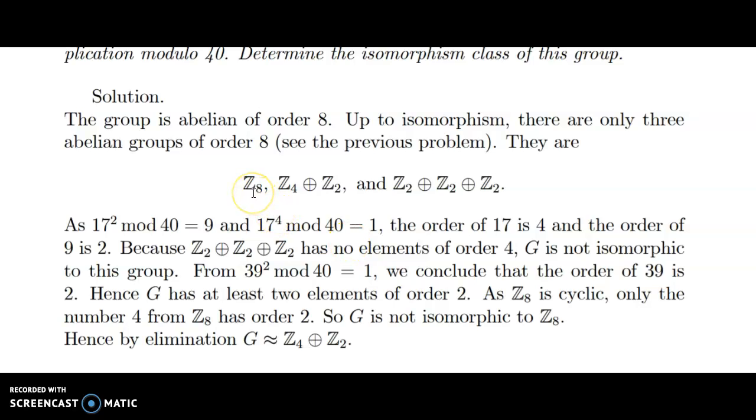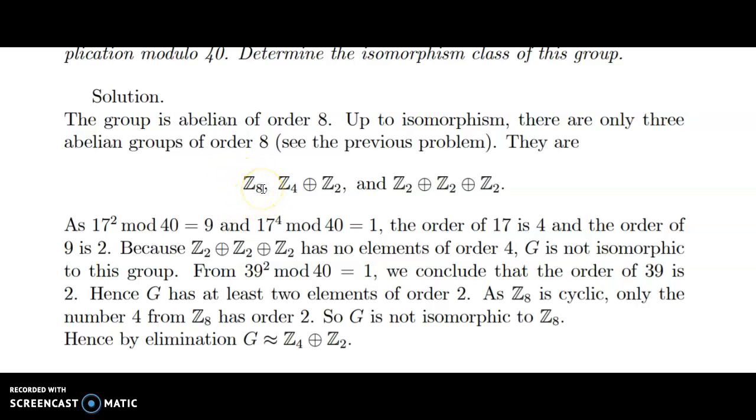From the fundamental theorem, we know for each divisor of 8 there is exactly one subgroup of that order. 2 divides 8, so there will be exactly one subgroup of order 2, which means that in Z8 only the number 4 has order 2.